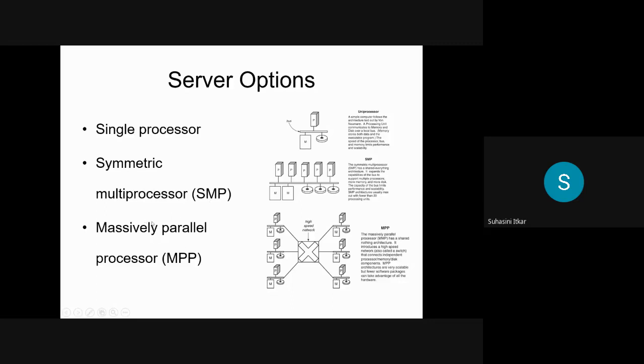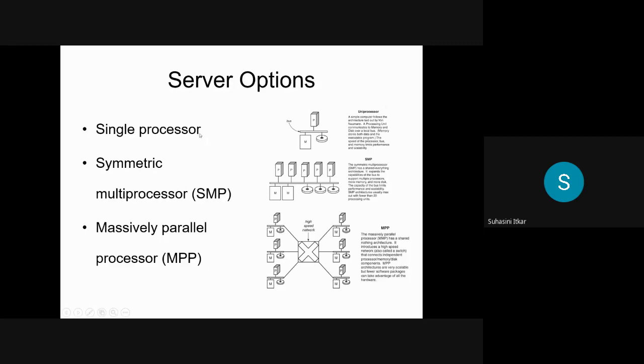Because what we want is for the data to be protected, and the backup mechanism should always be there. So stronger hardware support is required for all the data mining applications where we are using the data warehouse. While setting up the data warehouse, the server configurations play the major role.